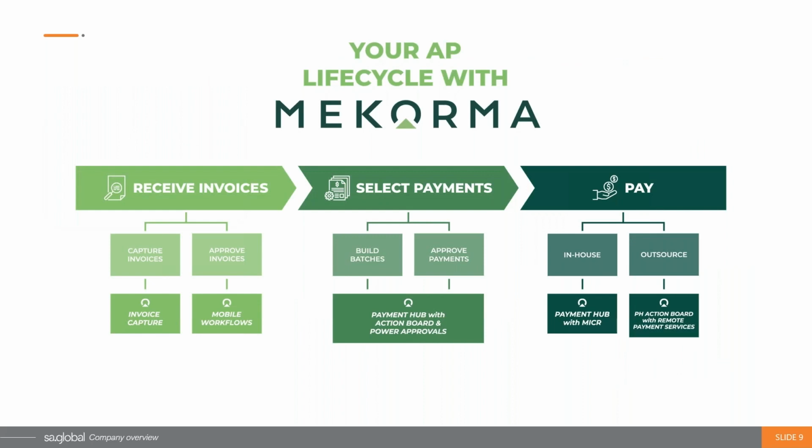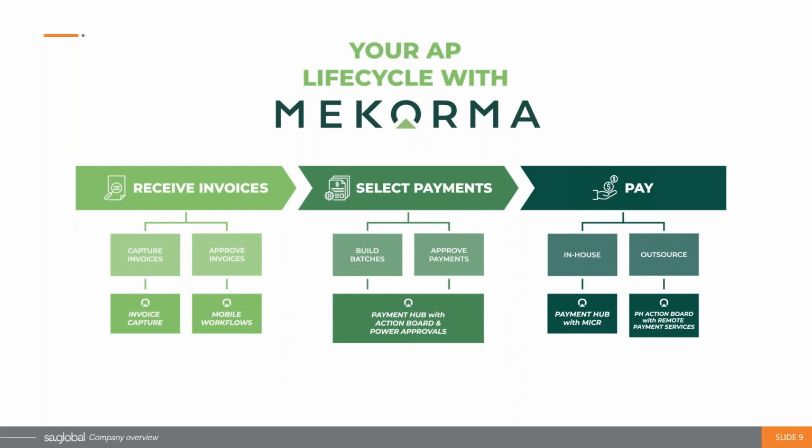All right, so we've broken down the AP journey or life cycle into three main parts. And really, every AP department does some version of this. And really, the exercise here is to understand how you're currently doing it today and see if there are any opportunities to enhance, improve, further secure, and make more efficient your current process.